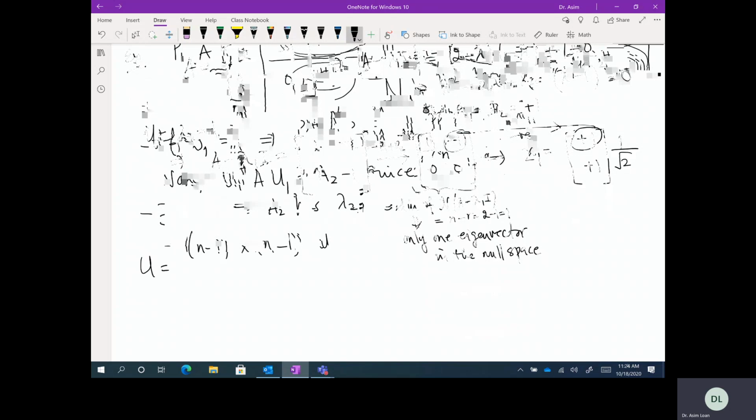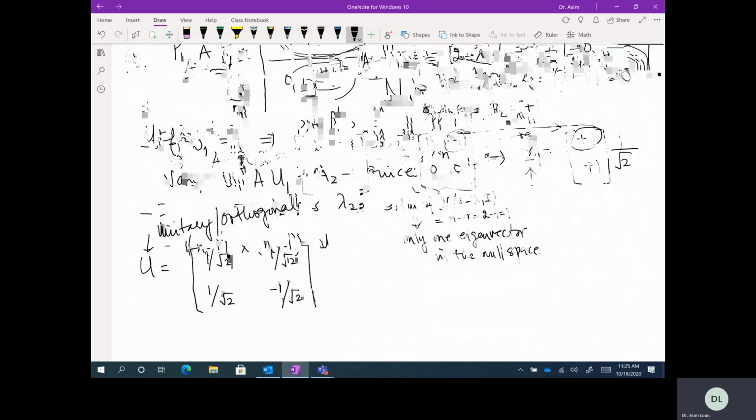U is unitary, or orthogonal in our case. So I can always select a vector which is orthogonal to x1, and that should be 1 over root 2, 1 over root 2, and then 1 over root 2, minus 1 over root 2.